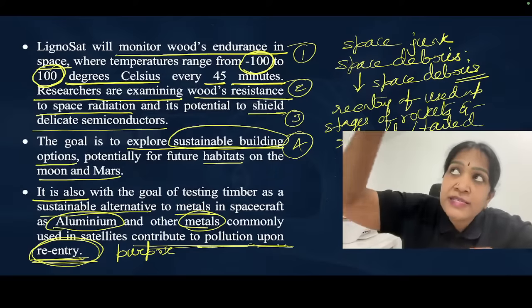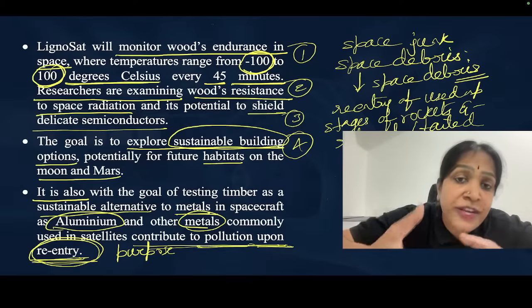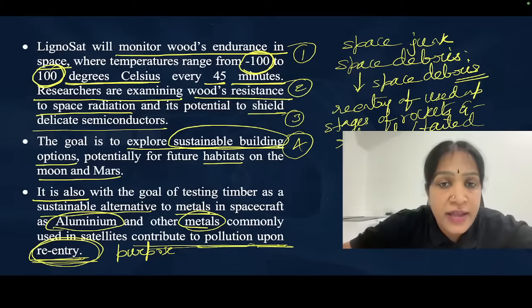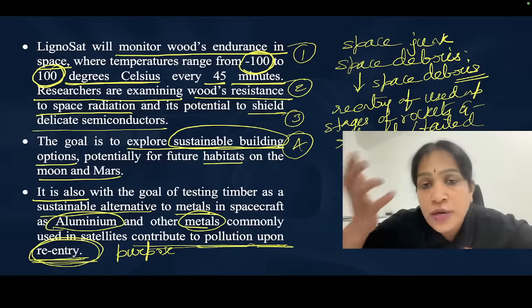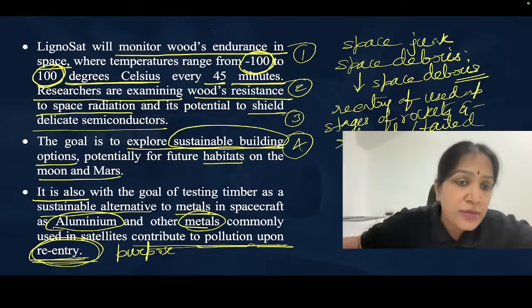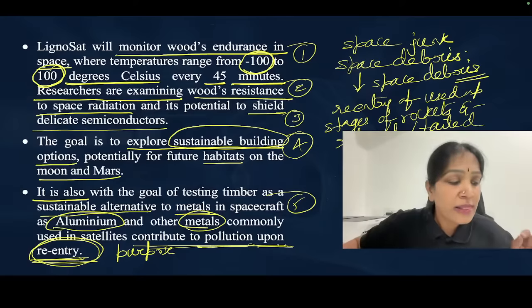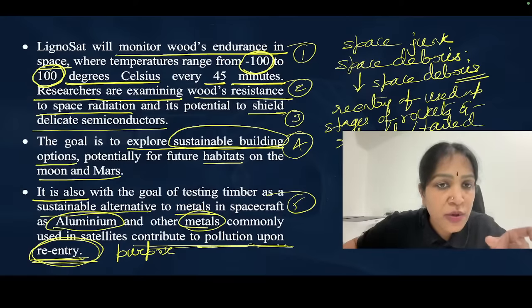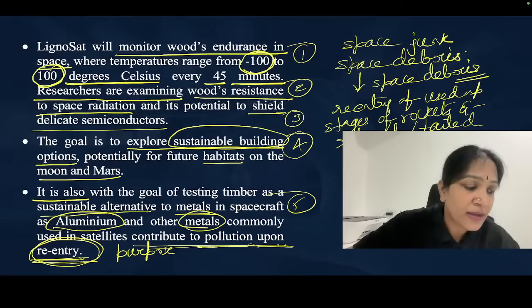So while any spacecraft is entering the Earth's atmosphere, it will create huge friction. The friction will create heat. Due to that heat, the wooden piece will be burnt. It will cause less pollution or no pollution. So that is the other purpose of it. I hope all the aims or purposes of the Lignosat are clear. It is a Japanese satellite. Clear till now?